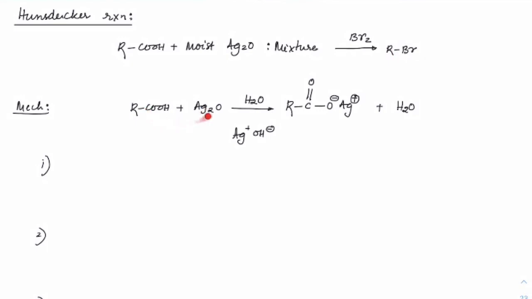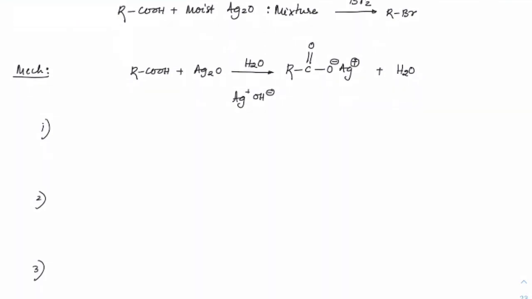See, on reaction of Ag2O with RCOOH, we will first get a silver salt here, got it? And from here the mechanism starts: we have RC double bond O, O minus Ag plus, which on treatment with Br2 would become RC double bond O, OBr. This is acyl hypobromite.